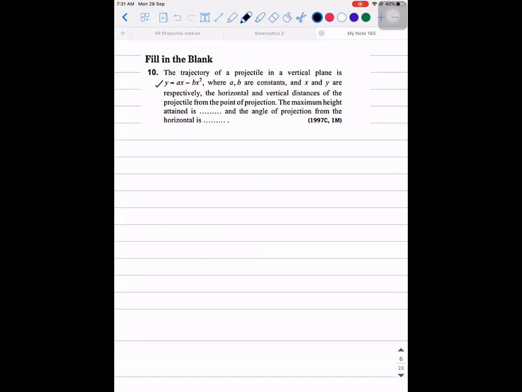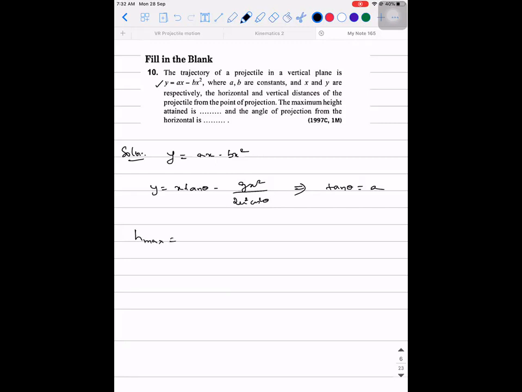Do it fast. So what are they asking? Maximum height attained.